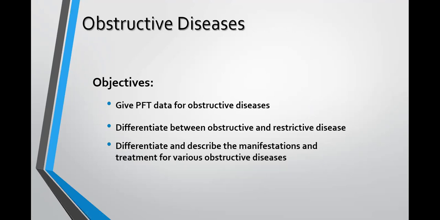Restrictive, you can't get the air in, and obstructive, they can't get the air out. So today we're going to focus on obstructive diseases, and tomorrow we will talk about restrictive, okay? You also got to differentiate between and describe the manifestations and treatment for various obstructive diseases, okay?